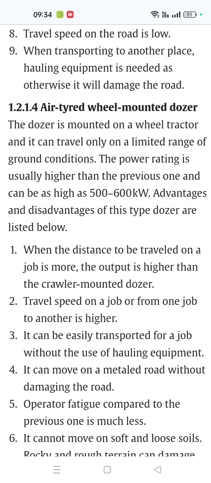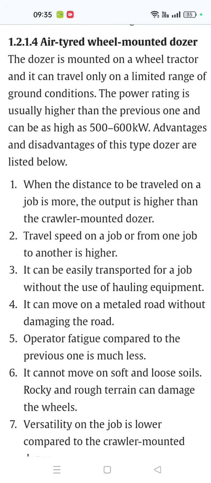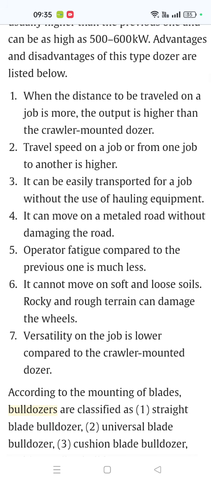The power rating is usually higher than the previous one and can be as high as 500 to 600 kilowatt. Advantage and disadvantage of the wheel type dozer are listed below. 1. When the distance to be traveled on a job is more, the output is higher than the crawler mount dozer.